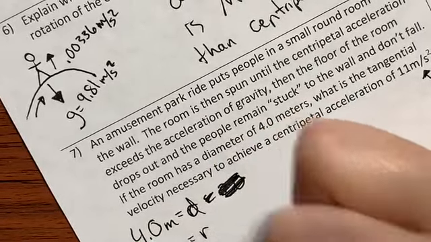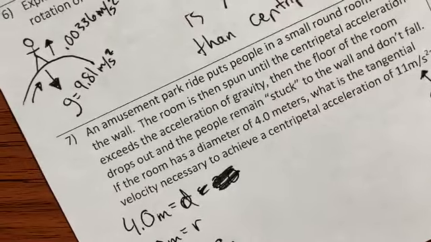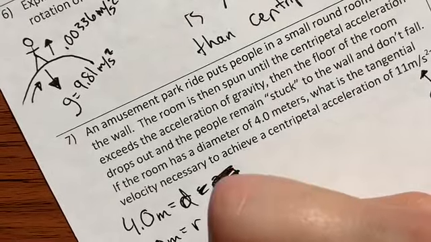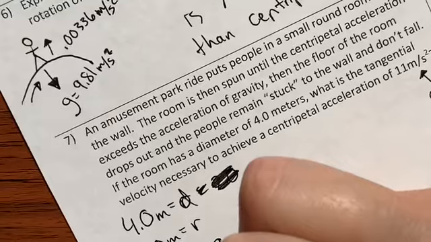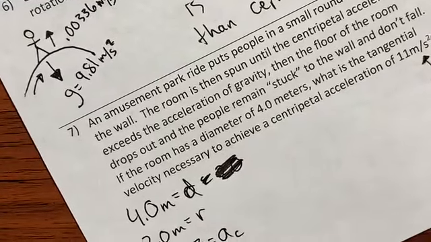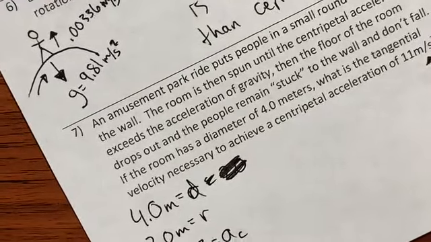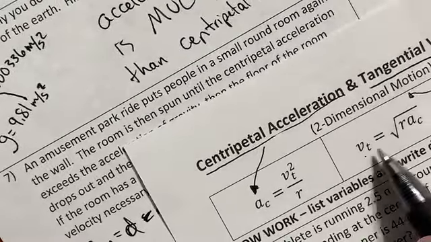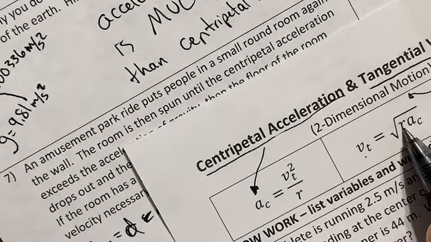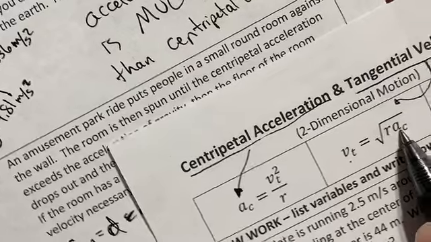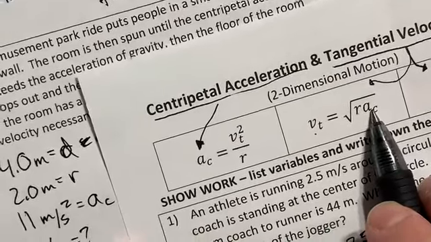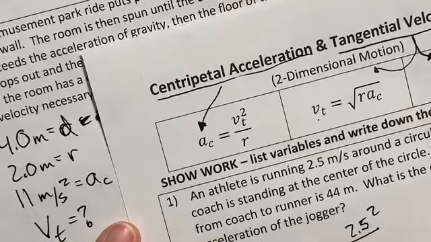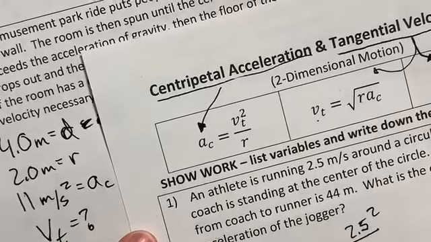All right, that's the centripetal acceleration. So the question is the tangential velocity necessary to achieve that. Well, looking at our formulas, tangential velocity, square root of the radius times the centripetal acceleration, voila. That's the formula we want.